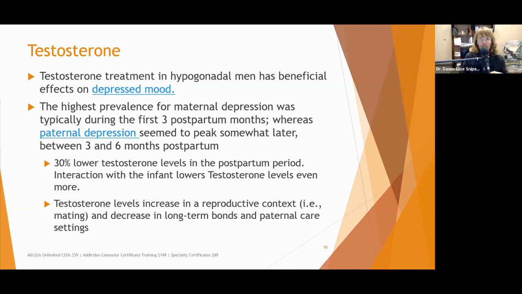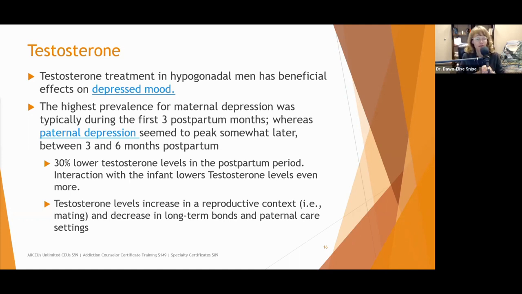But we do know that in most fathers, around the 3 to 6 month period, not the immediate postpartum period, testosterone levels seem to really plummet, and we start to see postpartum depression in men. Testosterone levels, they found in other studies, tend to increase in a reproductive context. So when they're trying to procreate, testosterone levels are high.